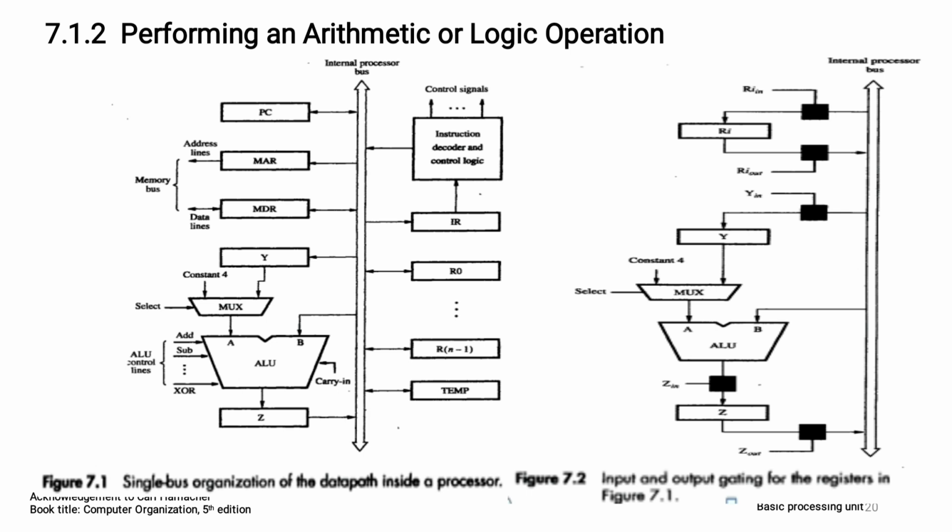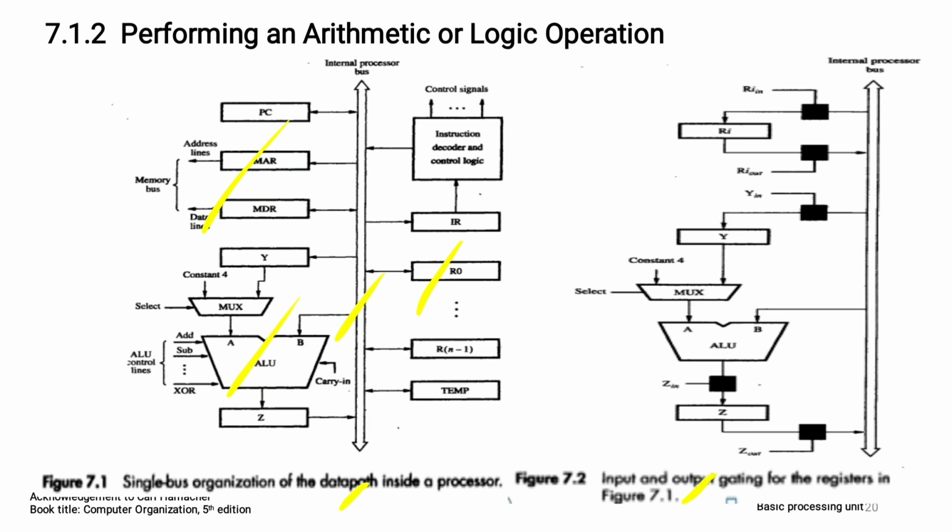For that we need these two diagrams. Already we have been introduced to these. First one, single bus organization of the data path inside a processor. That is, the ALU and different registers, how they are connected through the internal bus of the processor, that is the data path. Then we have already discussed input output gating for the registers.